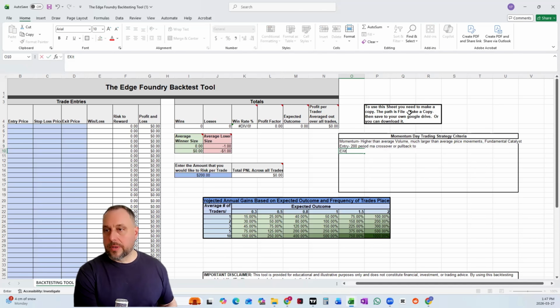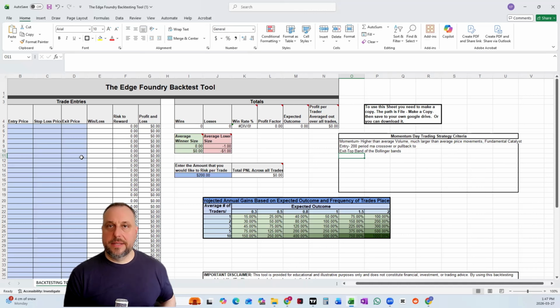Our exit that we're going to use just for now, we've already identified it's not the greatest exit in the world, we're going to find something better eventually, is the top band of the Bollinger Bands.